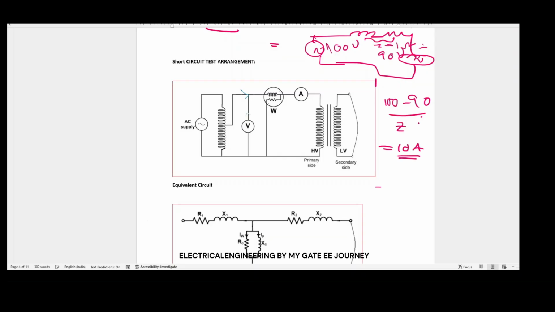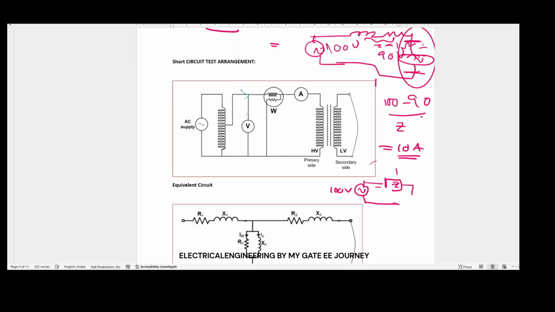Now let us take that we have shorted the secondary portion, meaning we shorted the load portion. The equivalent circuit is 100 volts with impedance Z of 1 ohm, and this is shorted.